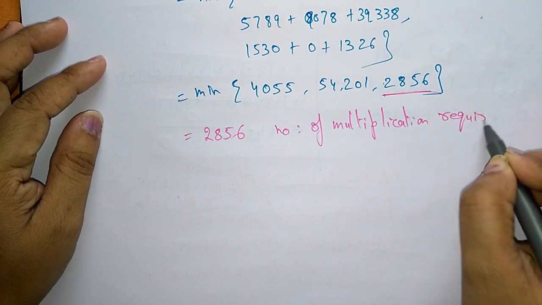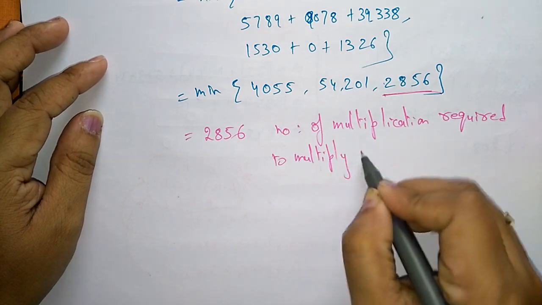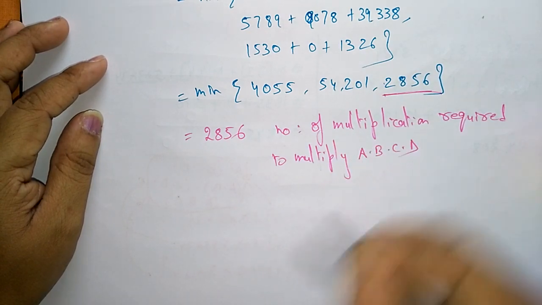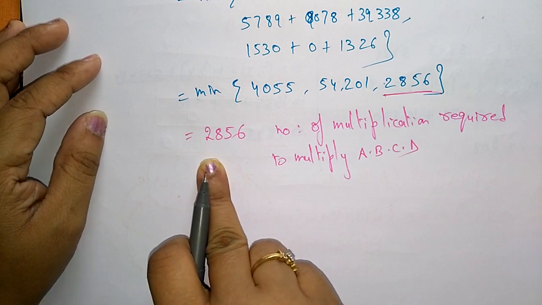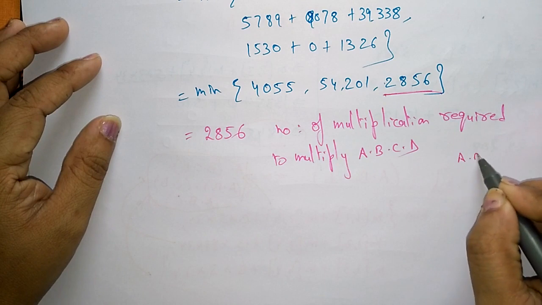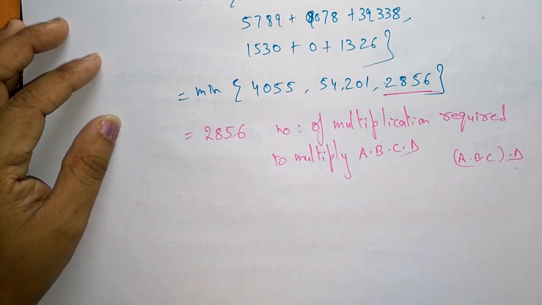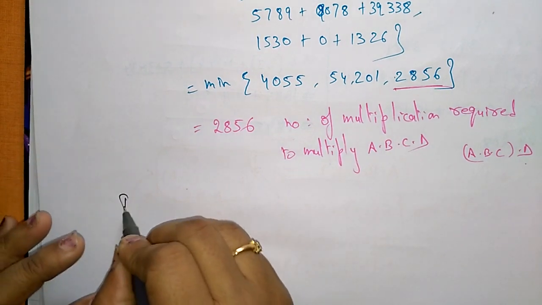So the total number of multiplications required to multiply A dot B dot C dot D is 2856. So that is a sequence. The sequence that you require to multiply this is A dot B dot C into D. Okay, so let me write the formula for this.